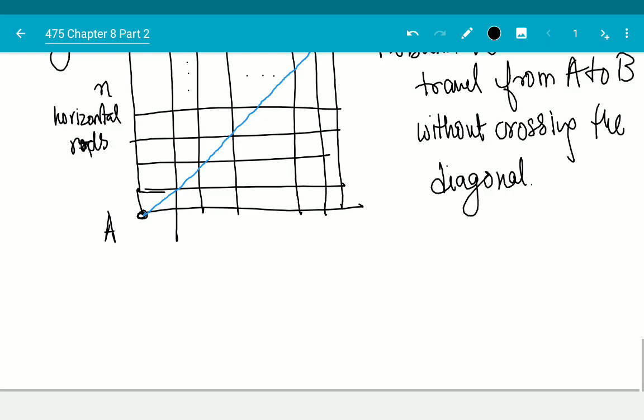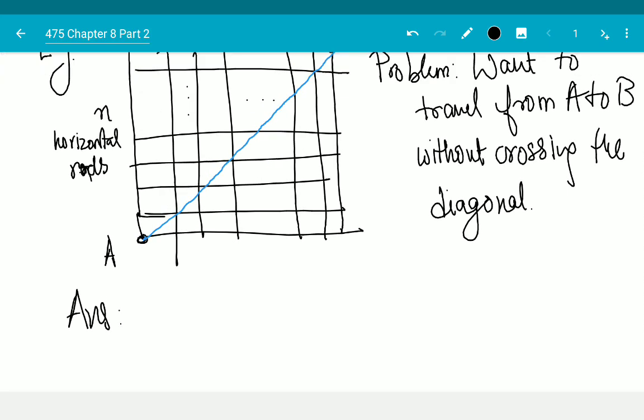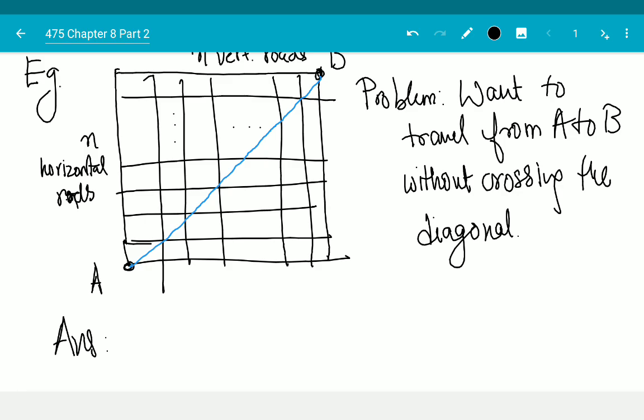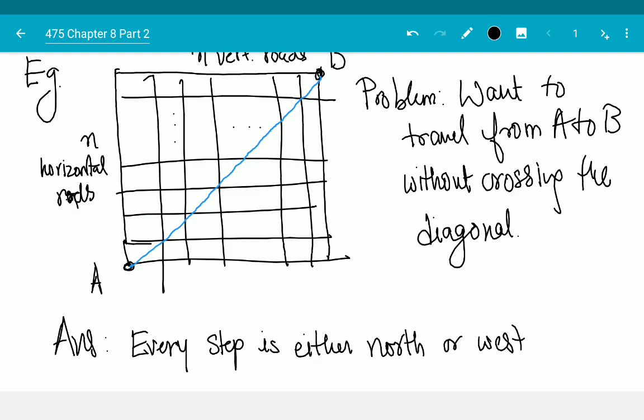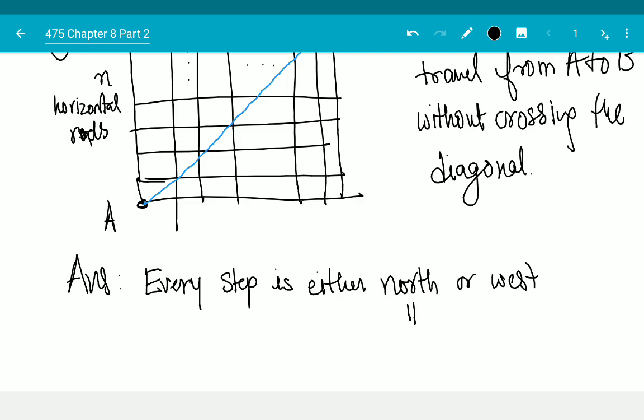Answer? Well, every step has to be either north or west. I am going to give them values: north is 1 and west is -1.